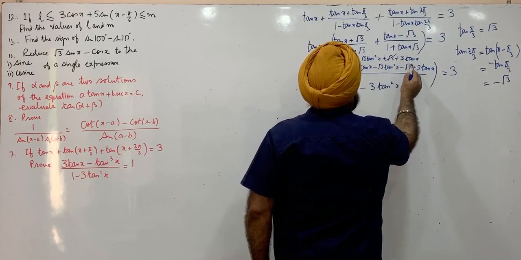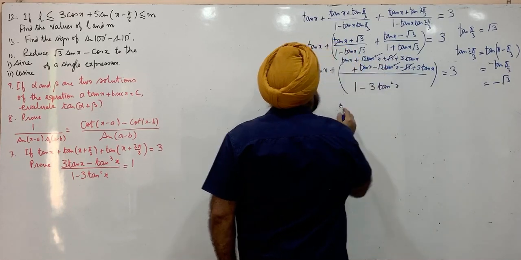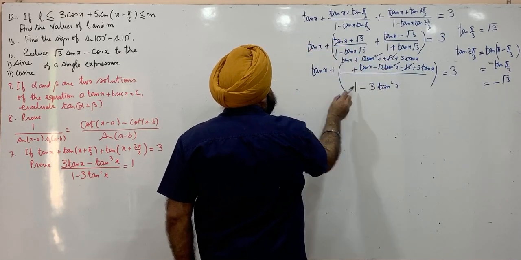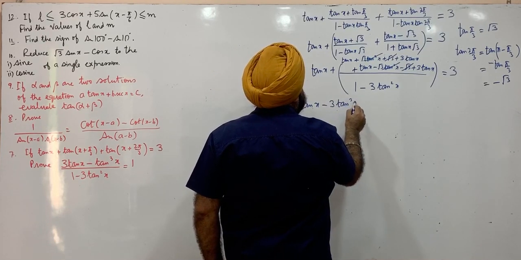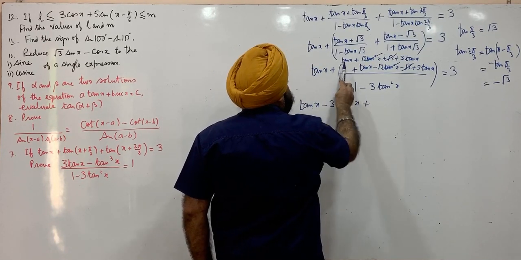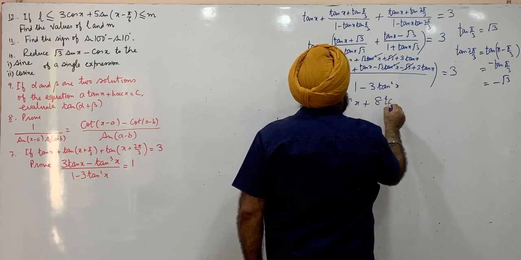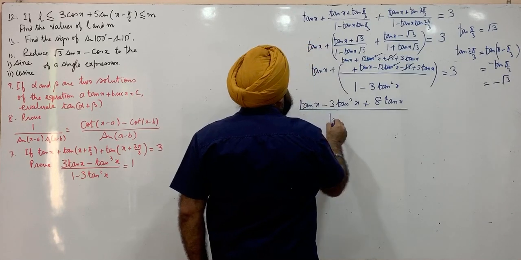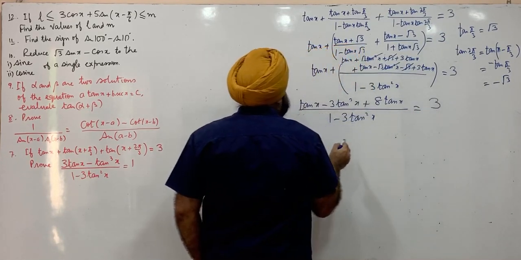This is plus root 3, this is minus root 3, and this will also cancel. Tan x into 1 minus this is 3 tan cube of x, plus this is 3 plus 1 is 4, plus 4 is 8 tan x, upon 1 minus 3 tan square of x, given equals to 3.